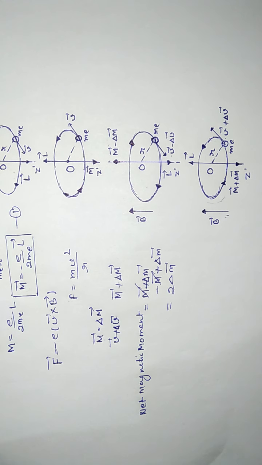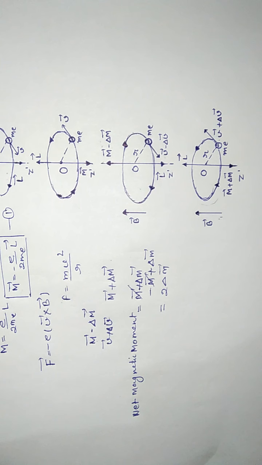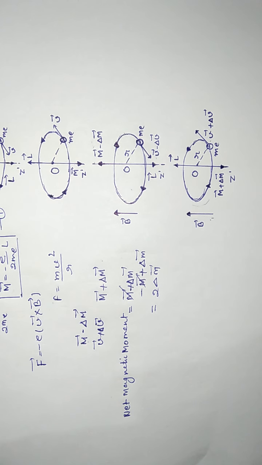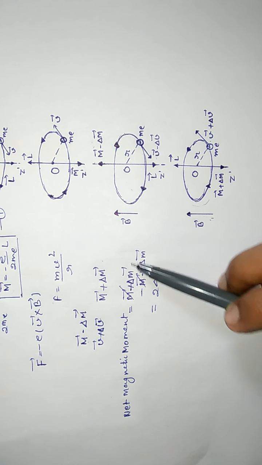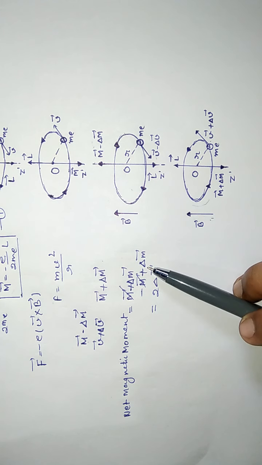So the magnetic dipole moments of paired electrons in all atoms of the diamagnetic material add up to account for a small magnetic moment of the specimen along a direction opposite to the applied field. So the net magnetic moment is m plus delta m minus m plus delta m.